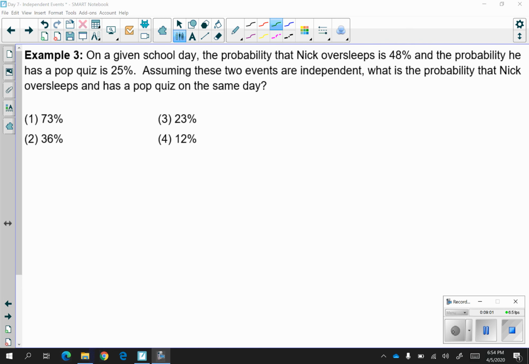On the next one, I'm just going to write out all the information as I go along with the problem. On a given school day, the probability that Nick oversleeps is 48%. So the probability of oversleeping is 0.48.